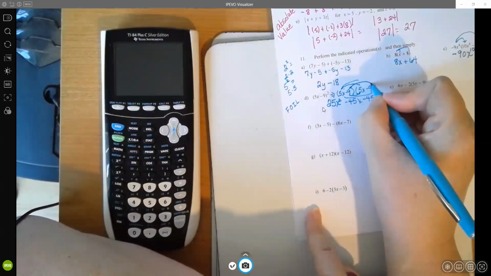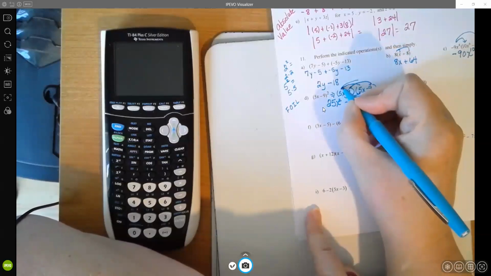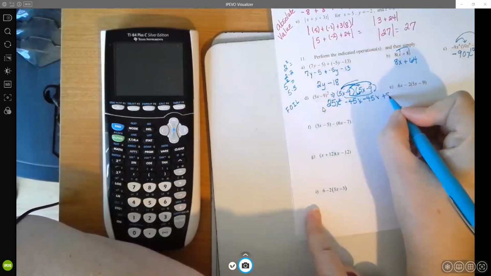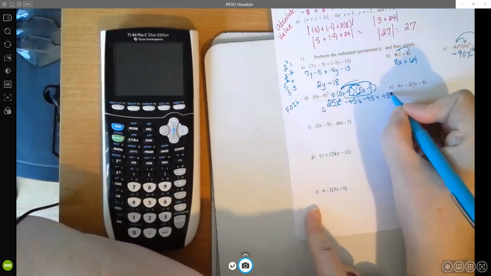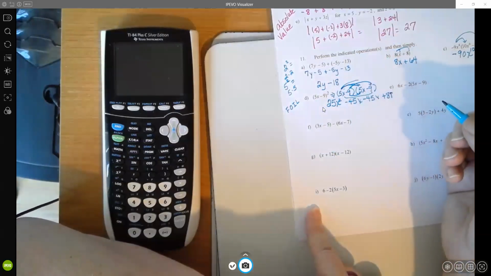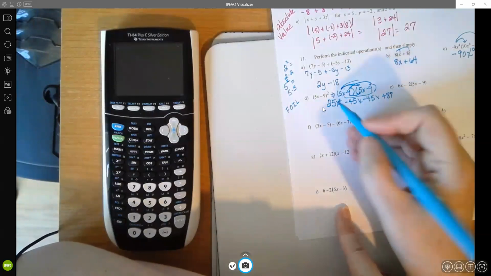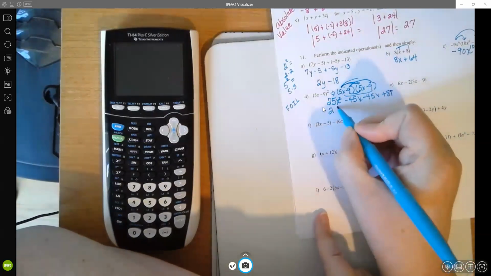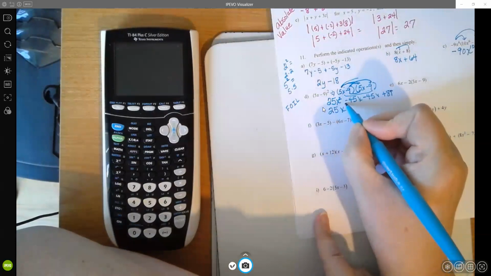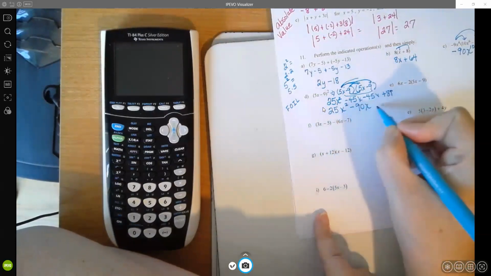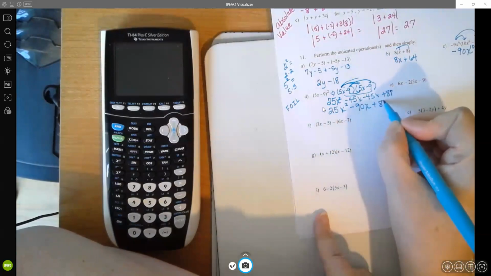And then I'm going to do these last terms. And that would be a -9 times a -9, which is a positive 81. And so that gives me 25x squared minus 90x plus 81.